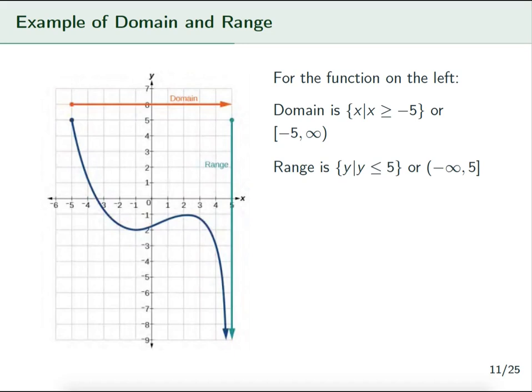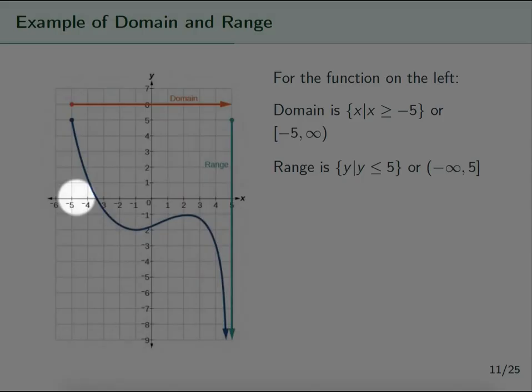So graphically, for a function on the left, let's look at this example. Domain means all the input quantities, all the x values. In this graph, we have input values from -5, and this closed circle, the fact that the circle is filled in, means we include the value -5.